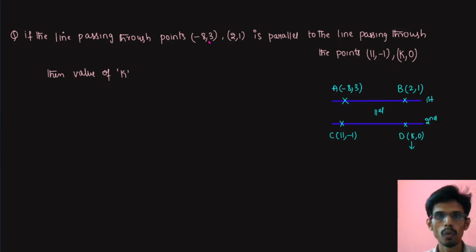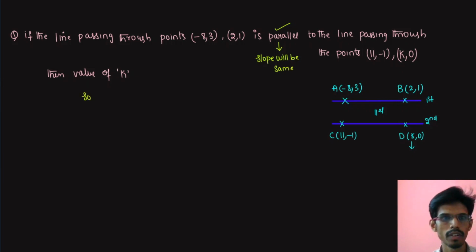Whenever we hear the word parallel, it means that the slopes will be the same. So the slope of AB will be the same as the slope of CD.